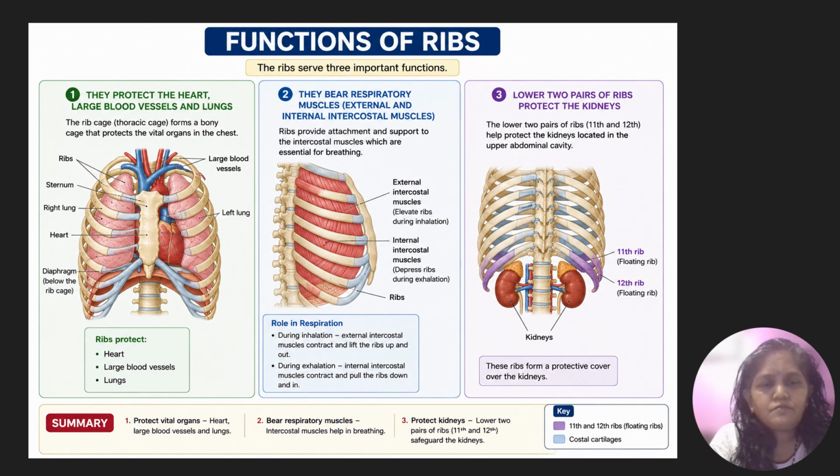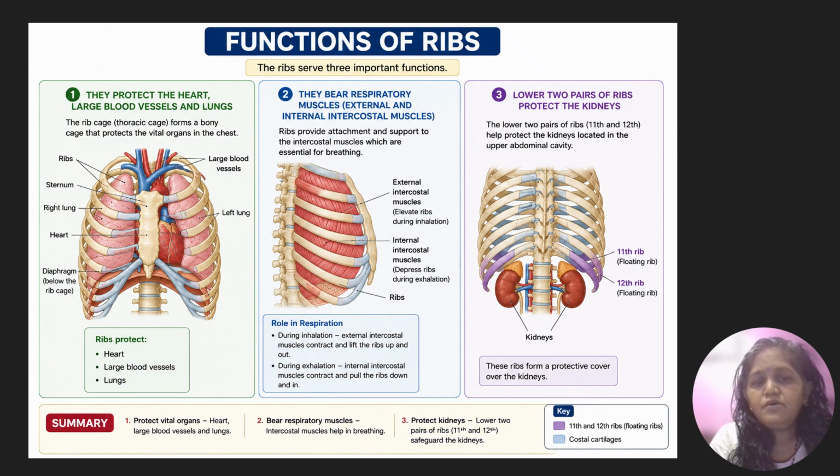Rib cages also protect vital organs like the heart and lungs, and the last two ribs, the 11th and the 12th, protect the kidneys. The floating ribs, 11th and 12th, are going to protect our kidneys.